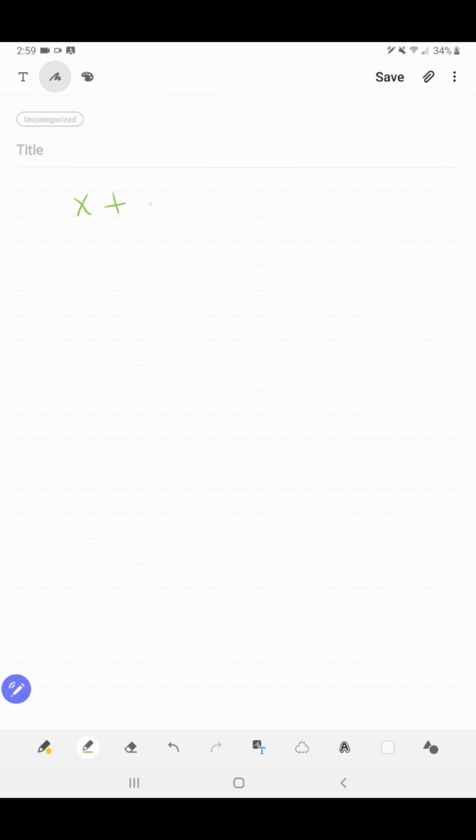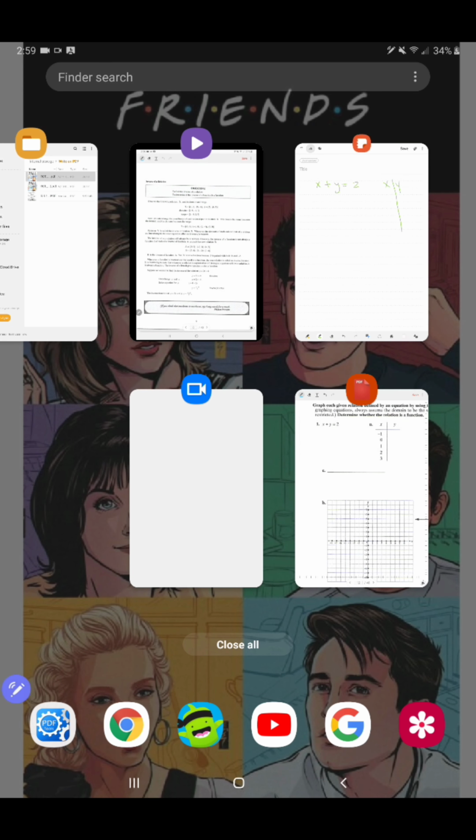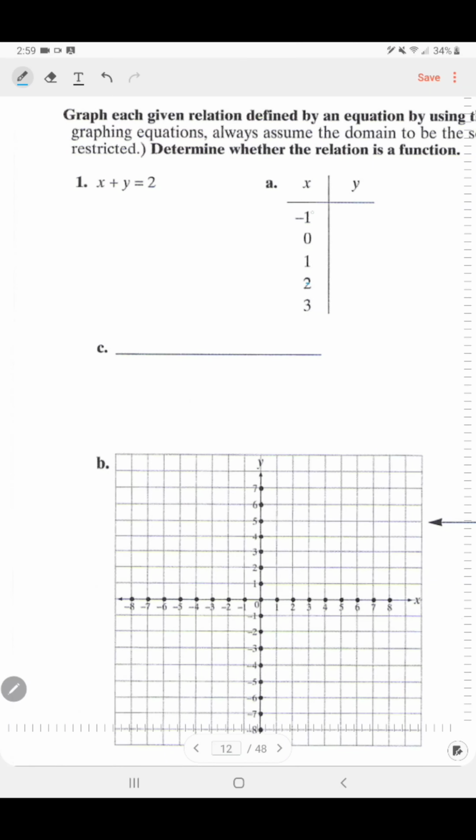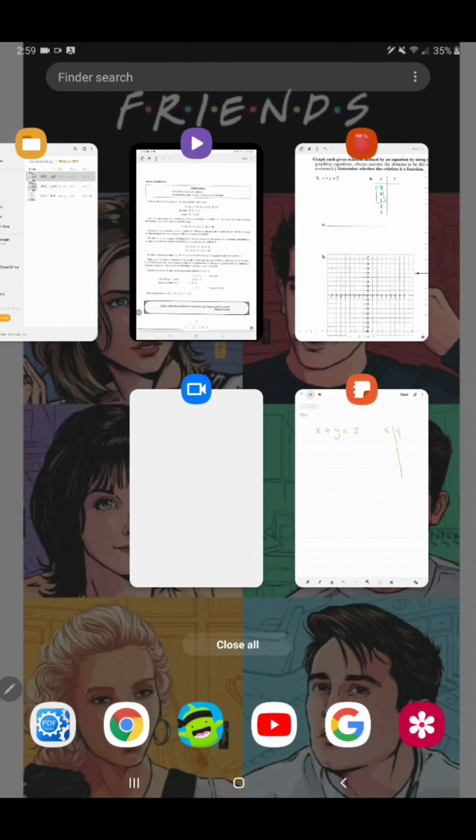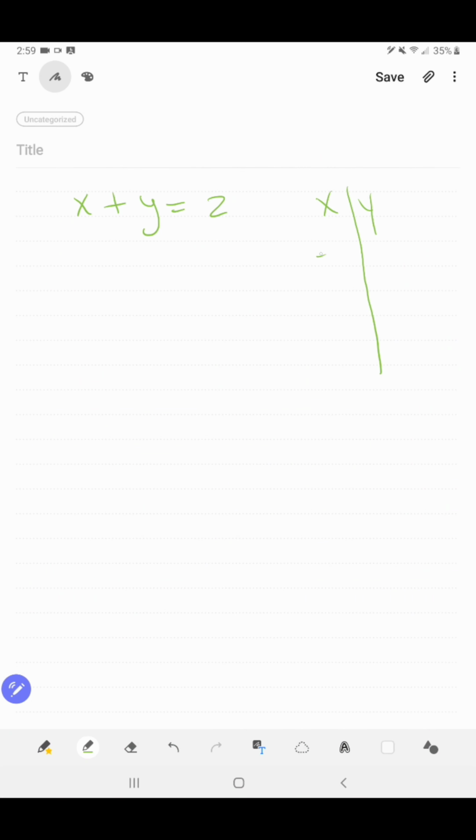And we have an xy table with -1, 0, 1, 2, and 3, which are the ones that I told you. So they have 1, 2, 3, 4, 5. They want at least 5 values, and it says it in the instructions.